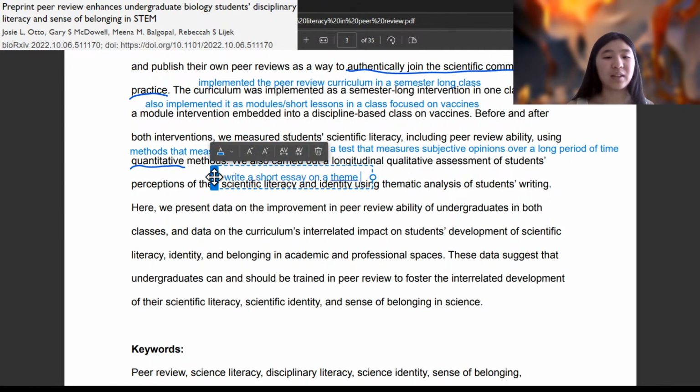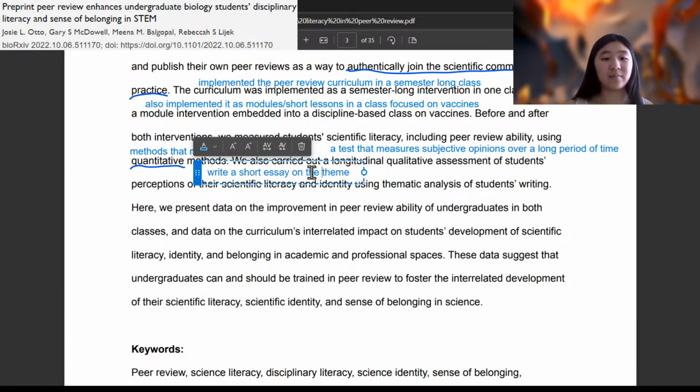So write a short essay on the theme of you being a scientist. And then they measured the development and progression of their changing identity through these essays.